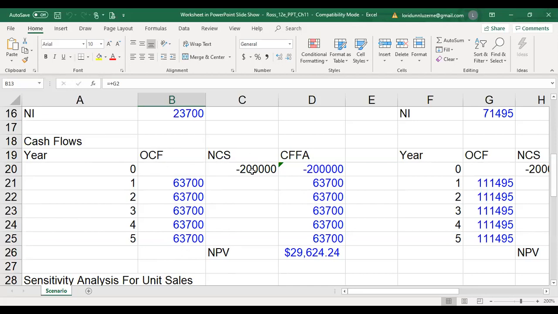The 200,000 in original outlay would provide us with a net present value. Use your tools from chapter 9 to determine the net present value of $29,624.24. And in our Excel spreadsheet, they use the formula that's provided in Excel.